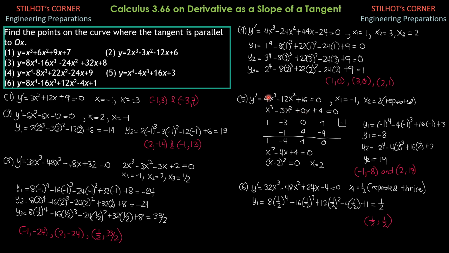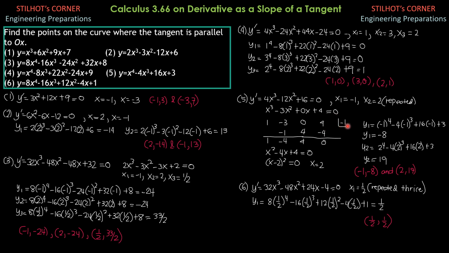So first we divide everything by 4, so that reduces to x cubed minus 3x squared plus 0x plus 4 equals 0, arranging the terms in descending power. By synthetic division, the coefficients are 1, -3, 0, 4.